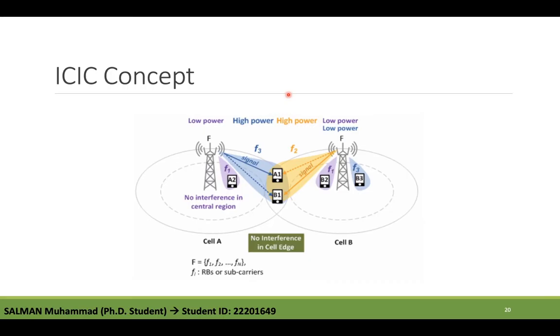So let me talk a little bit about the ICIC concept. ICIC, or inter-cell interference coordination, is defined in the 3GPP Release 8 as an interference coordination technology used in LTE systems. It reduces the inter-cell interference by having UEs at the same cell edge but belonging to different cells use different frequency resources.